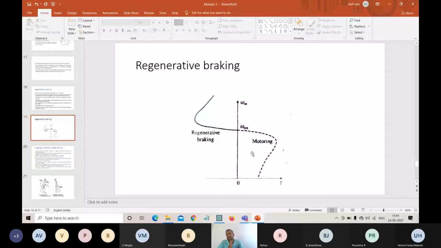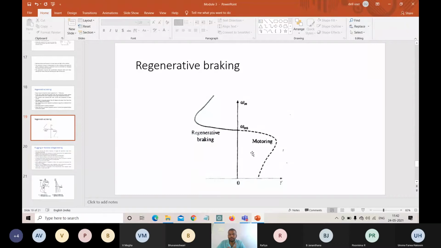So what is meant by regenerative braking? In regenerative braking, whenever the rotor speed is greater than the synchronous speed, that action takes place. Here we are just reversing the rotor field, nothing but reversing the air gap flux produced. By reversing the air gap flux, we generate the opposite kind of power.